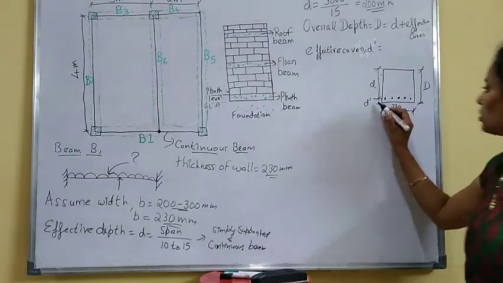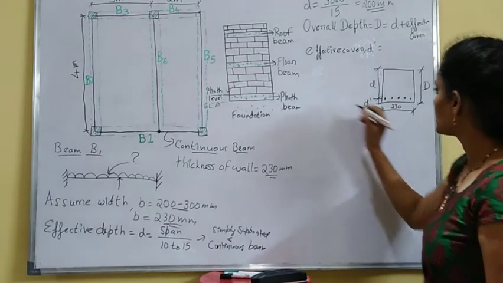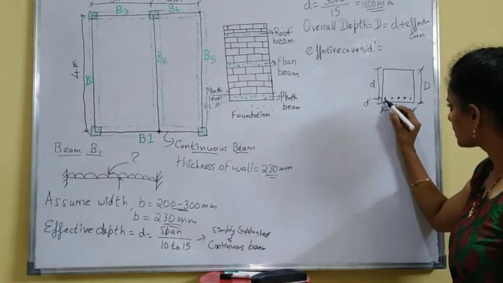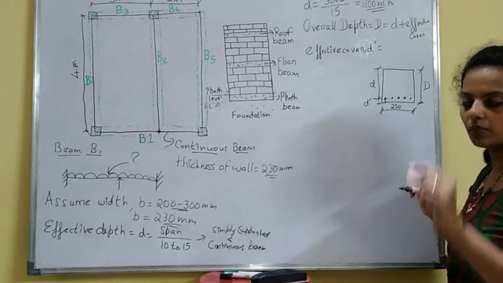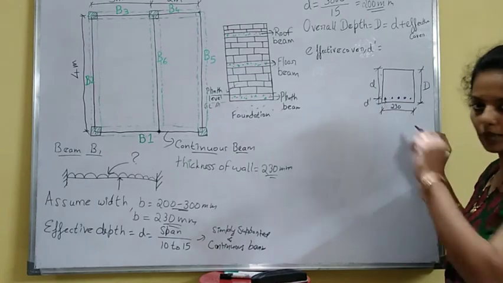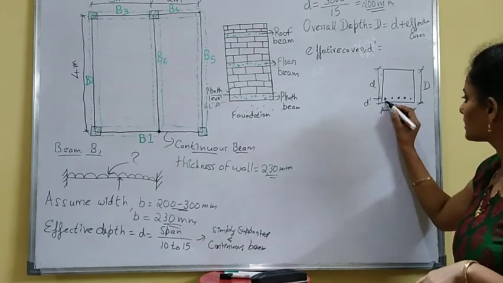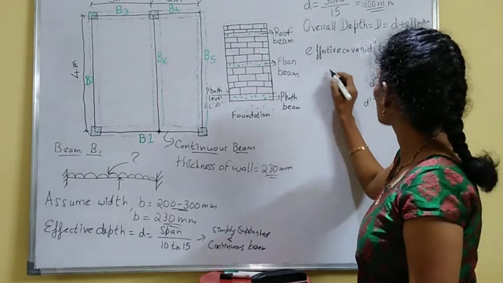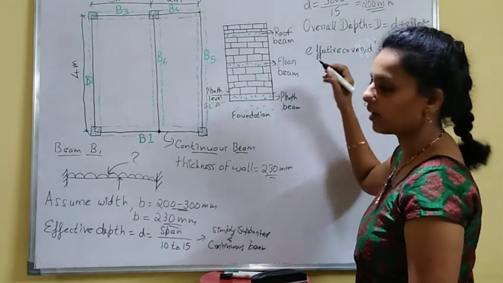So d dash consists of, see here, the cover of the beam, how much gap you have to provide below the reinforcement, that is nothing but your nominal cover. Usually for a beam you will consider a nominal cover of 20 to 25.